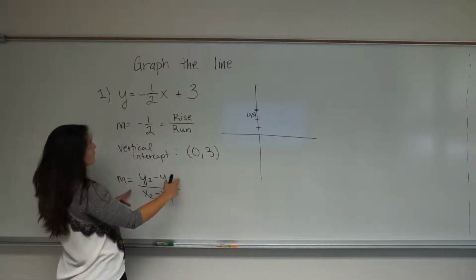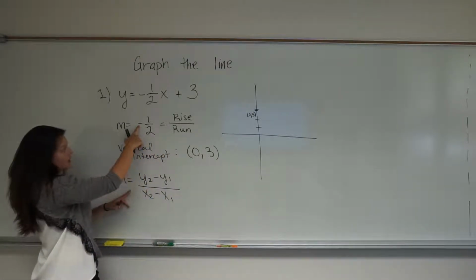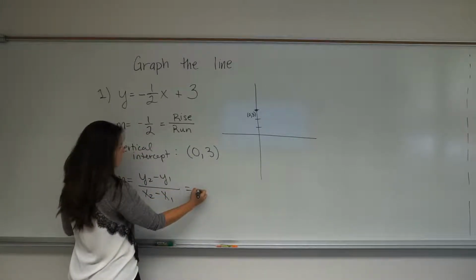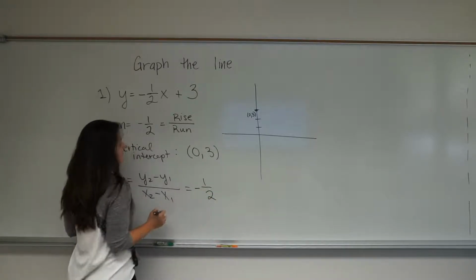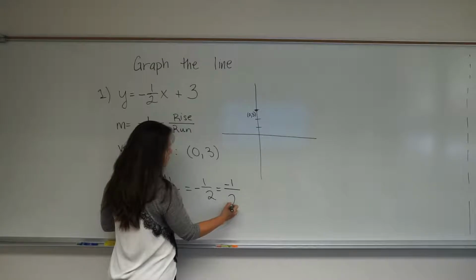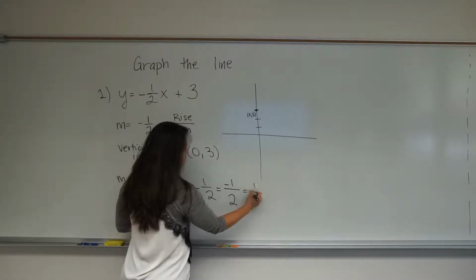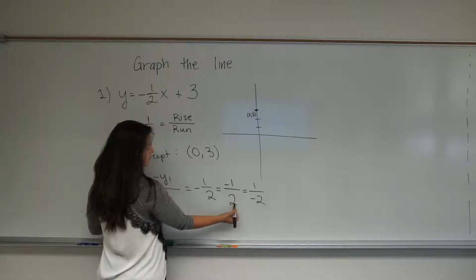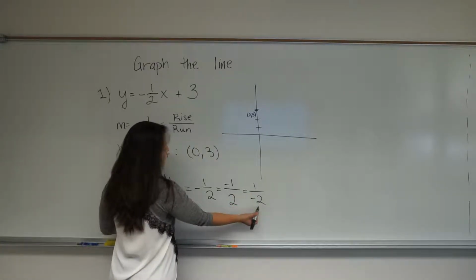But let's say you had a negative. So in our case we have negative 1/2. Now notice I can actually write this as negative 1 over 2 or 1 over negative 2. These are all the same, right? Negative 1/2 is the same thing as negative 1 divided by 2 or 1 divided by negative 2.